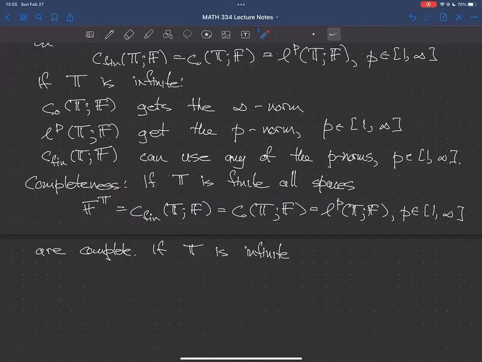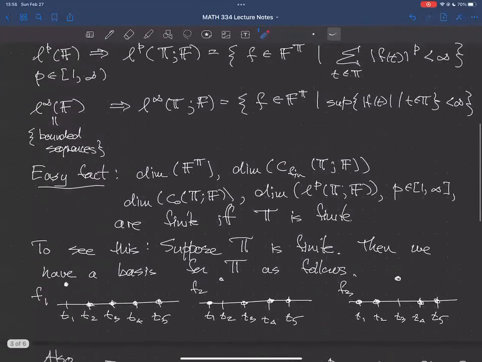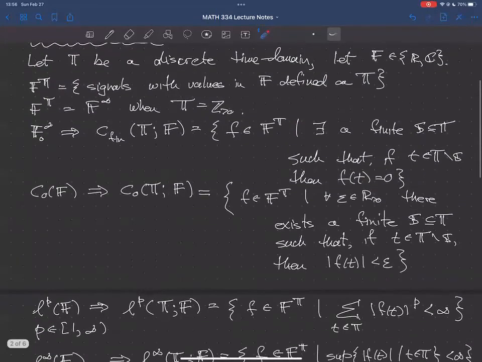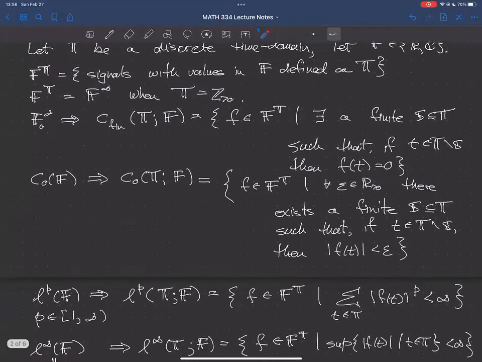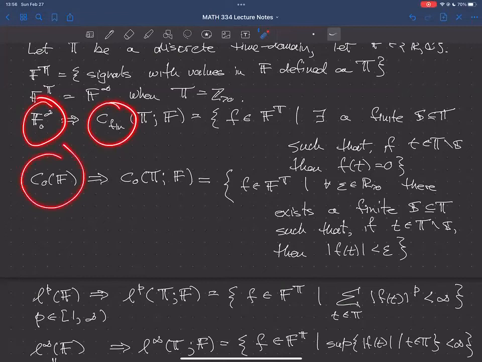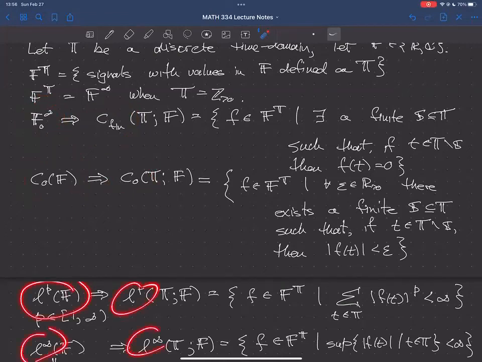And we know what the situation is going to be because of our work with sequences. In the case of an infinite time domain, the situation is very closely analogous to the sequence case. In the sequence case, we had this being c finite, this being c0, and this being L^p, similarly for p equals infinity. And what do we know was true in the sequence case?